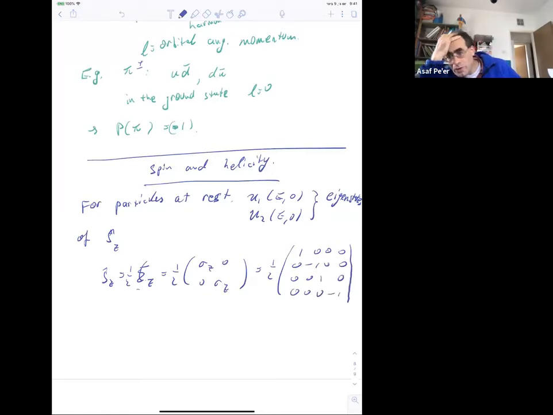So obviously U1 and U2 are eigenstates. So they can represent the spin up and spin down.